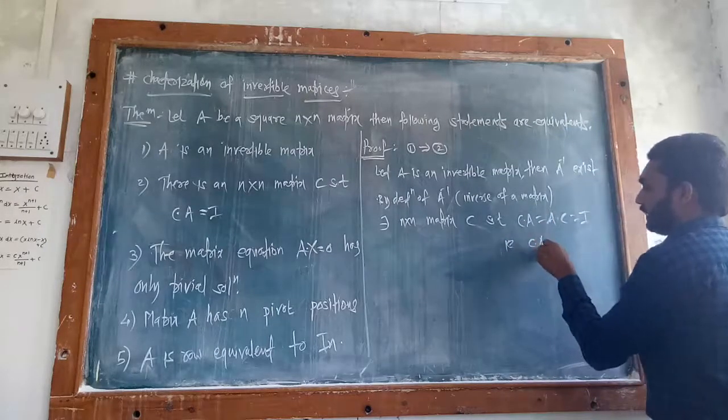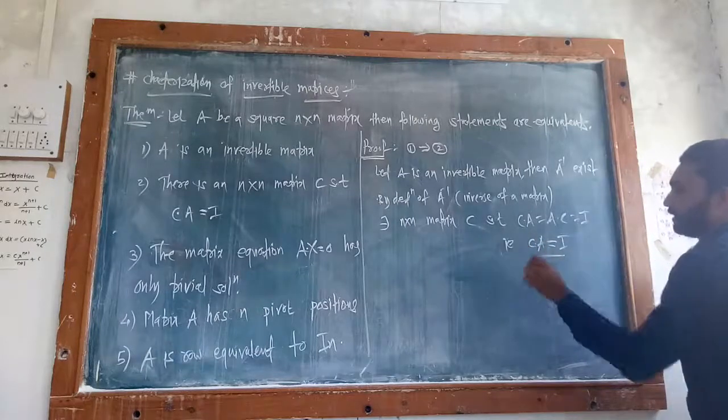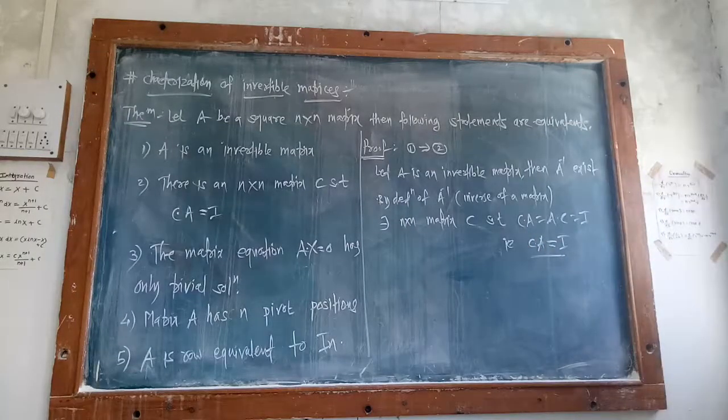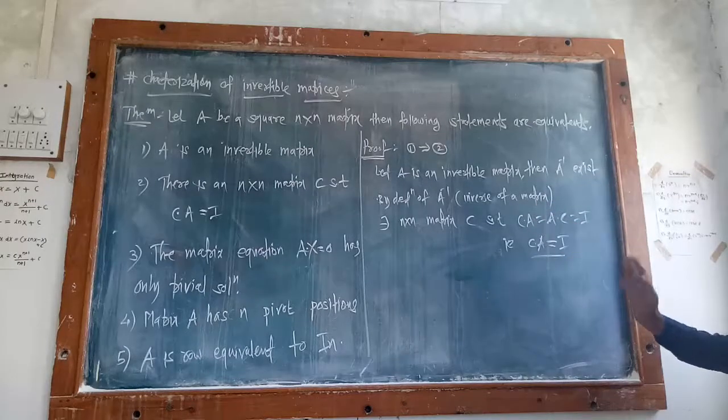That means C into A equal to identity matrix. This is your definition of inverse of matrix. So first implies second is true.